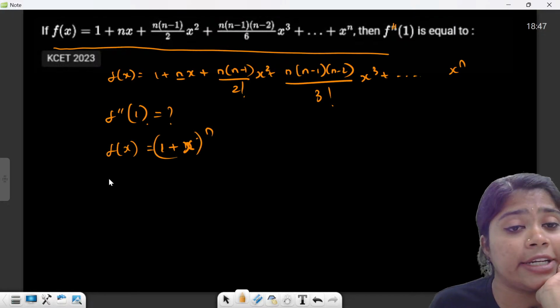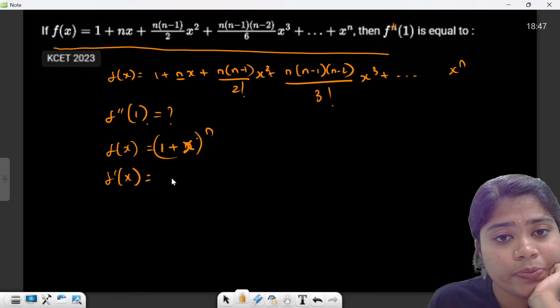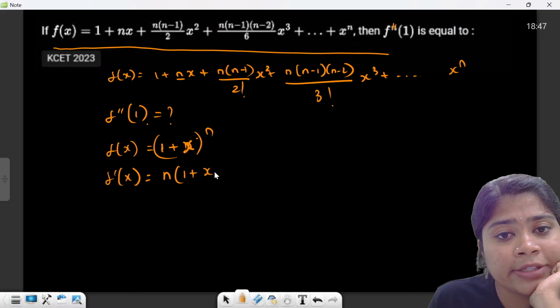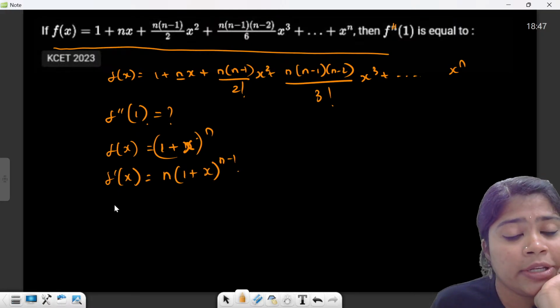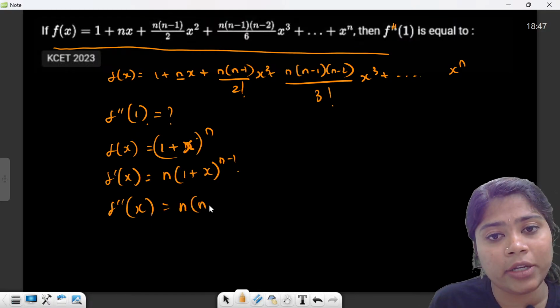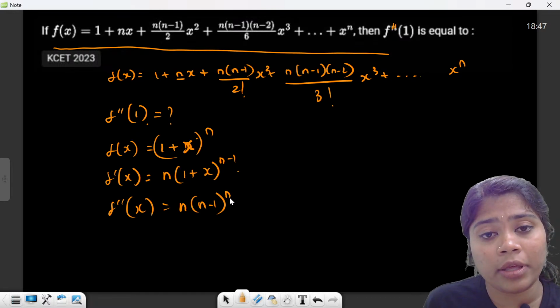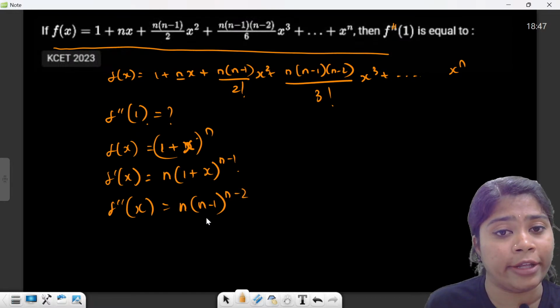So now you can easily differentiate. f dash of x is equal to n into 1 plus x to the power n minus 1. So f double dash of x means again you differentiate this. n into n minus 1 into 1 plus x to the power n minus 2 you will be getting.